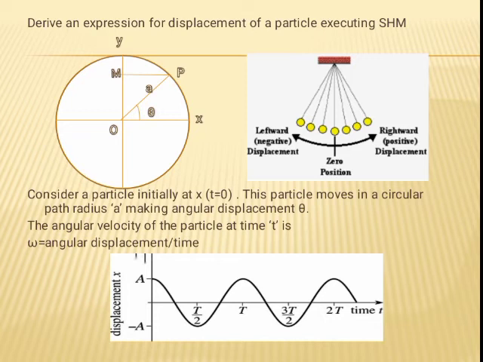So what is the symbol of angular velocity? It is omega. And what is the formula for velocity? It is displacement by time, but since angular is there, angular displacement by time. So we have to relate one to the other: when velocity becomes angular, it is angular displacement divided by time.